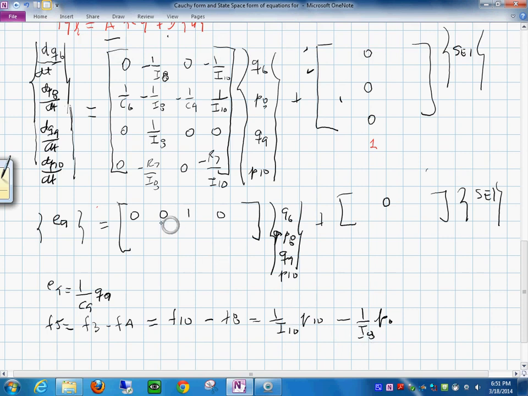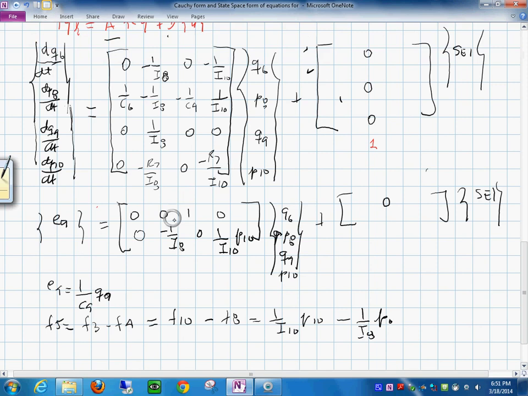The entry for P8 is 1 over I minus 1 over I sub 8, and then Q9 is 0, and then 1 over I sub 10 P sub 10. Okay, so these are the matrices that we were after.